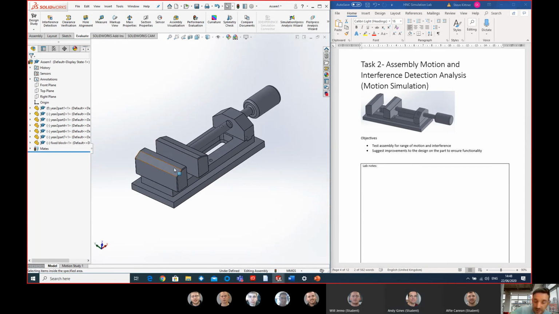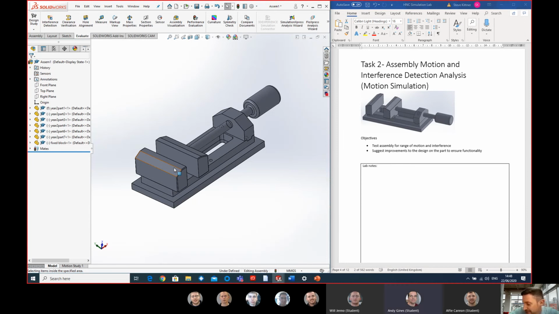Okay, so just some interference detection. Really useful for making sure that your assemblies work and that they are not going to have any problems when you've actually made this physically. Okay, so it's an error proofing part of the software.